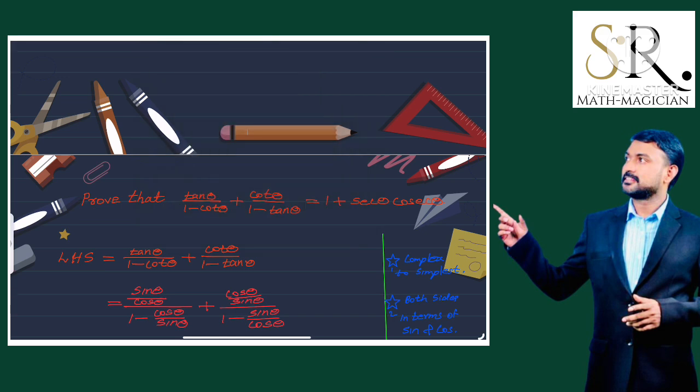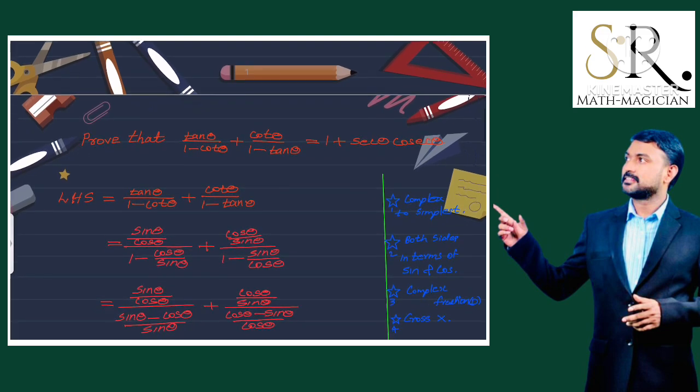In the case of fraction subtraction, we can go for cross multiplication. I don't make any changes to the numerator; as it is, I write the numerator here. But the denominator, we go for cross multiplication: 1 into sine, sine; 1 into cos, cos; 1 into sine, sine. Similarly, we can change the second term also.